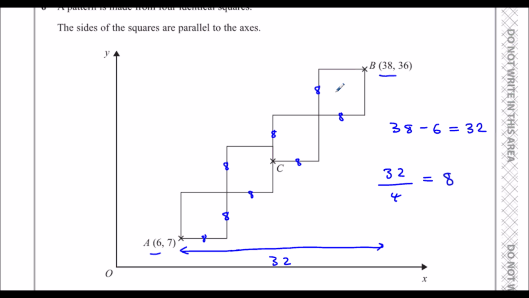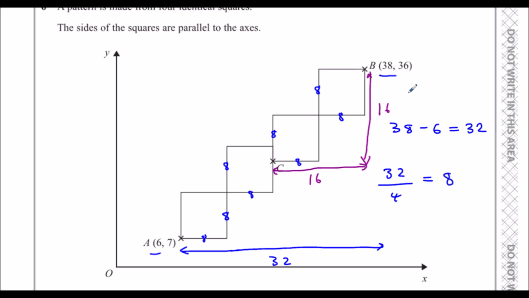And we can now work out where C is, because if we start at B, we go back 2 squares, so that would be 16 back, 16 down the y-axis, and 16 back along the x-axis.